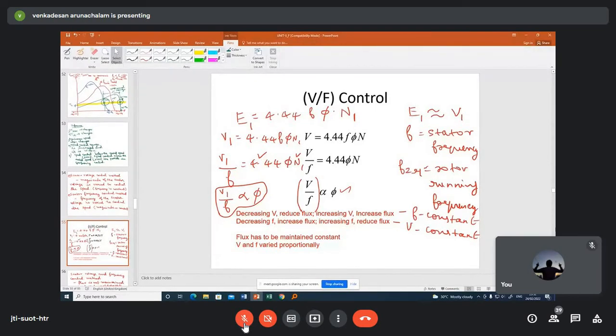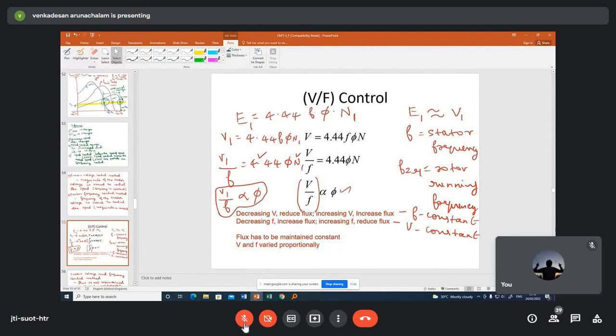So V1 is replaced with E1, and V1 becomes 4.44 f phi N1. You bring the frequency to the left hand side. So V1 by f is equal to 4.44 phi N1.